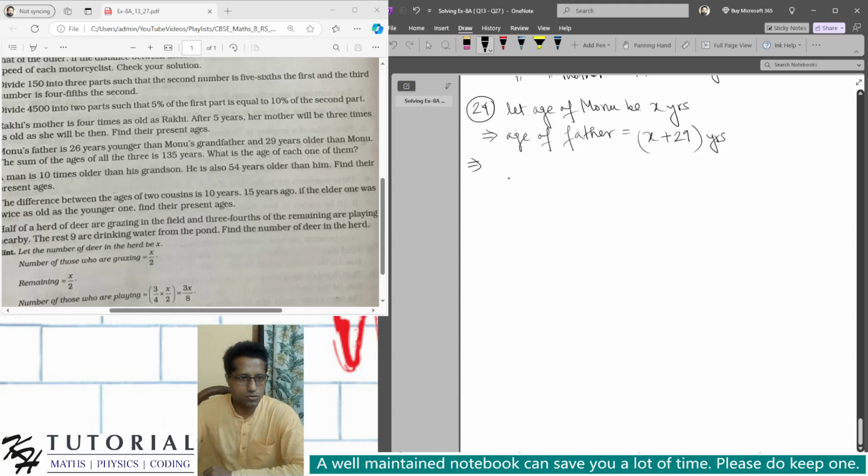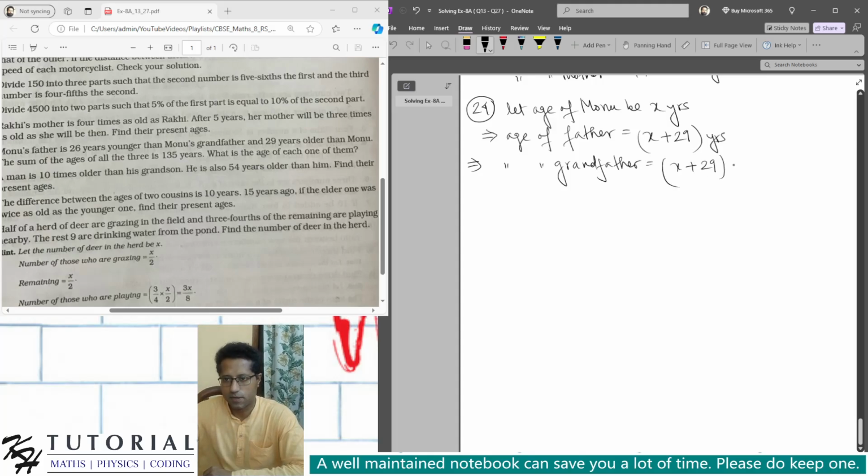It is also given Monu's father is 26 years younger than Monu's grandfather. So we can say the age of grandfather will be 26 years more than Monu's father's age.